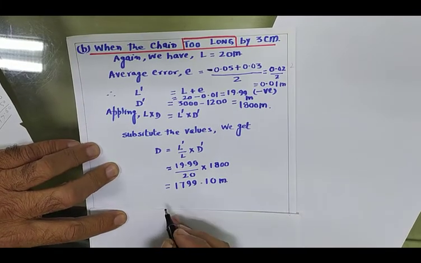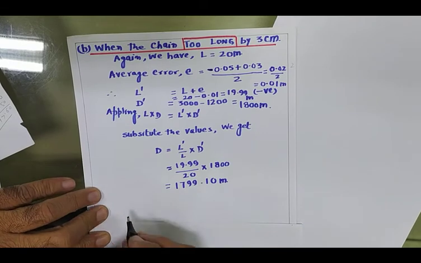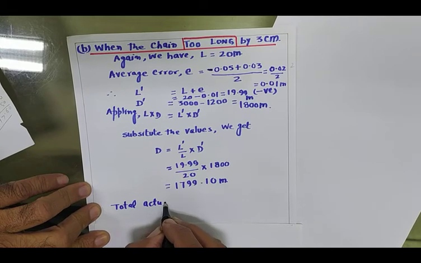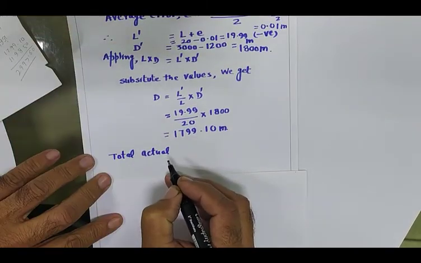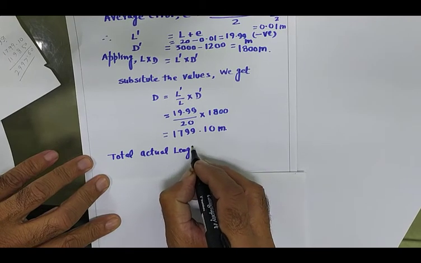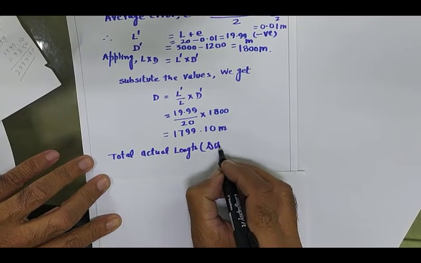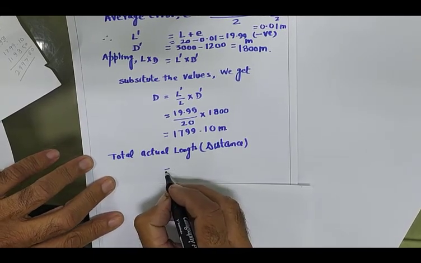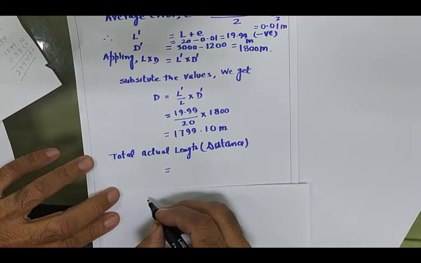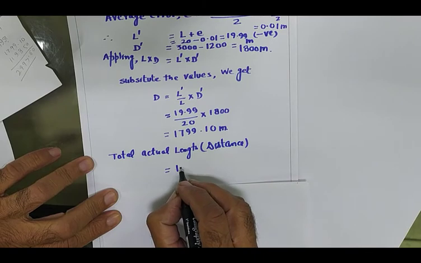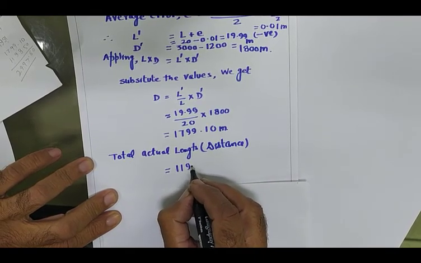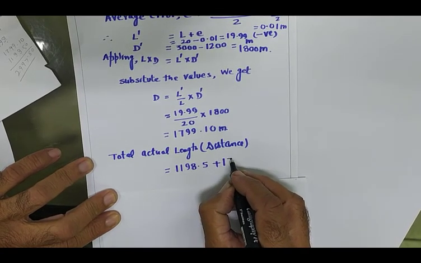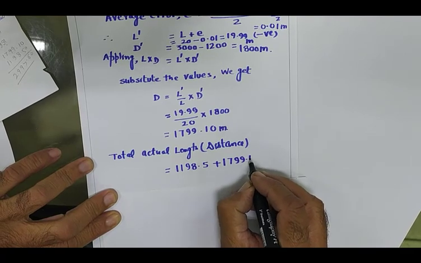So now again the case is similar. The total actual length or distance of the line is given by the sum of these. In the first case, this length was 1198.5 meters. Then this comes to be 1799.1 meter.